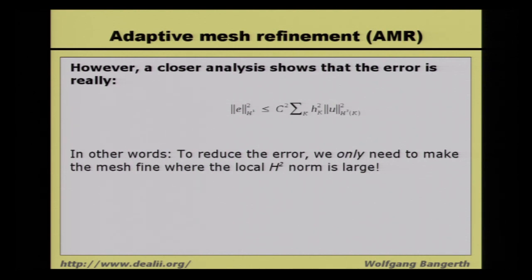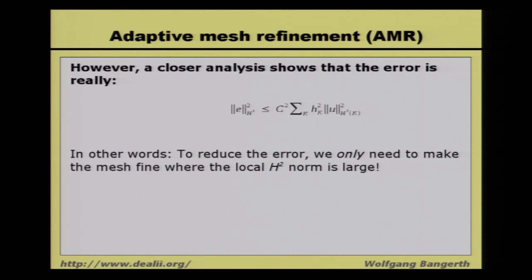So in order to make the error as small as possible, we should not just make the mesh globally fine, but take a look at where it is necessary and make this h, the diameter of these cells, fine only where the solution has a large H2 norm.